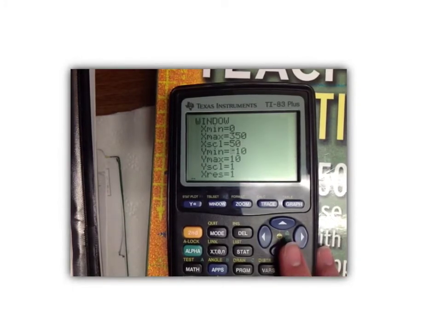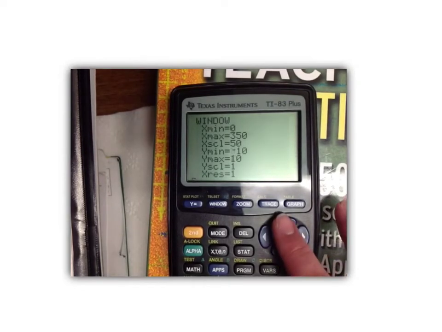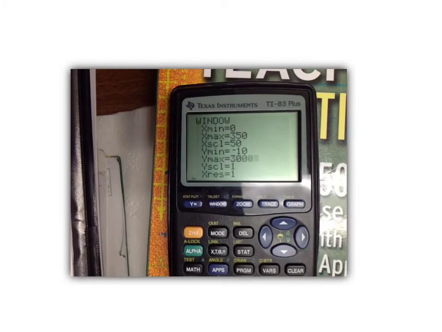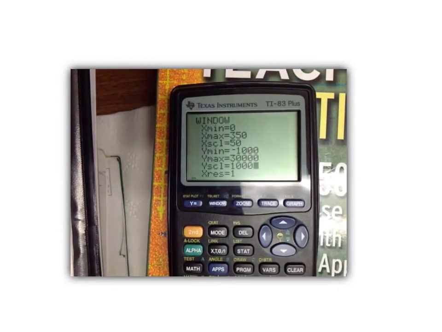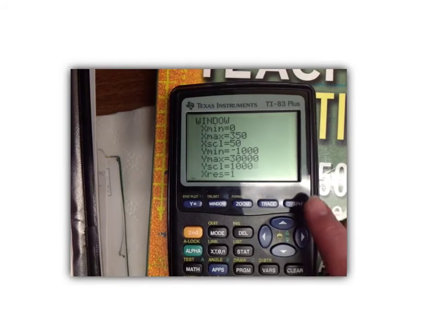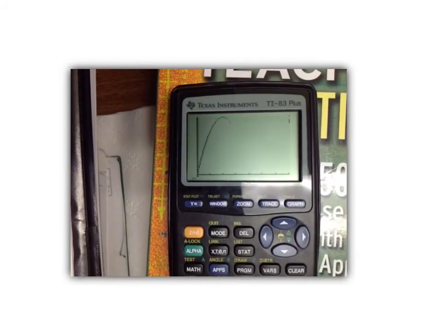And I'm looking for a y value of 22,500. So I might make this like 30,000. I've made my minimum negative 1,000 just so that I can see slightly below. And we'll see if that works.